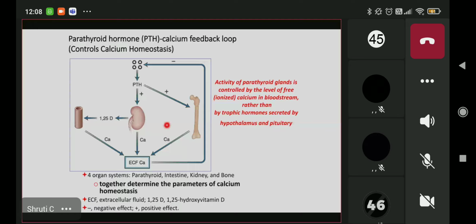And in the bones it causes increased bone resorption. So in all the ways, it is ultimately leading to increased calcium levels in the blood. Okay, and it also helps in the hydroxylation step of vitamin D. So basically, parathyroid hormone is increasing the calcium levels in the blood. That you have to remember.